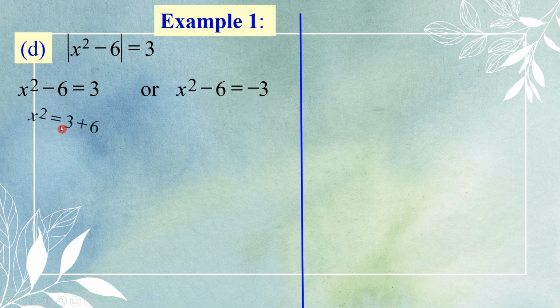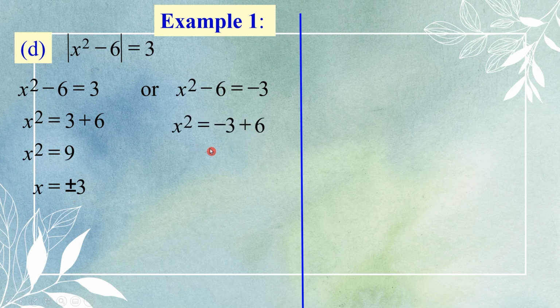We will solve the first part. So -6 brought to the right will give us 3 + 6 is 9. Bear in mind it is x squared, therefore it will give us two answers, which is x = positive and negative 3. On the right hand side, we bring -6 to the right, which will give us 3. And again, x squared = 3.